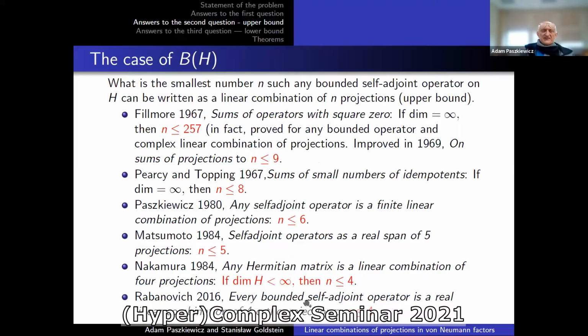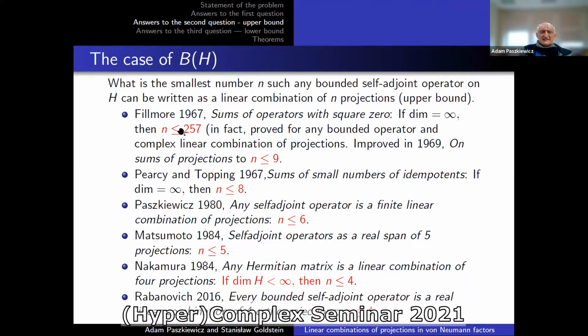So first I want to show some history of the problem of representing self-adjoint operators as linear combinations of projections in the algebra of all operators in the Hilbert space.